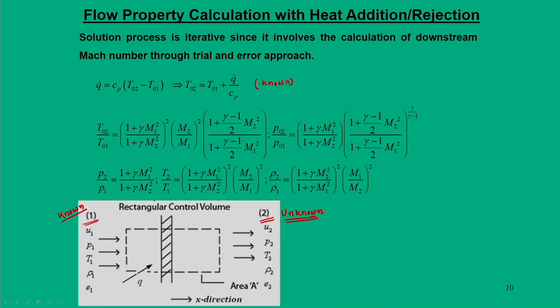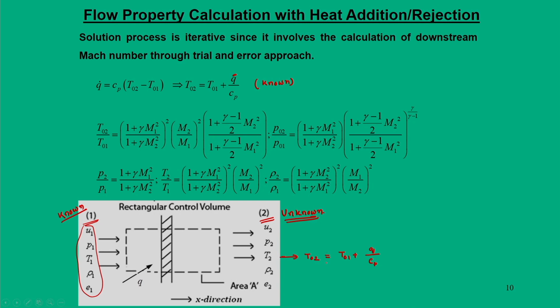With this known upstream parameter, we know one downstream parameter, T naught 2, as T naught 1 plus Q by C p. It will be Q by C p, it will not be Q dot, it will be only Q, right.